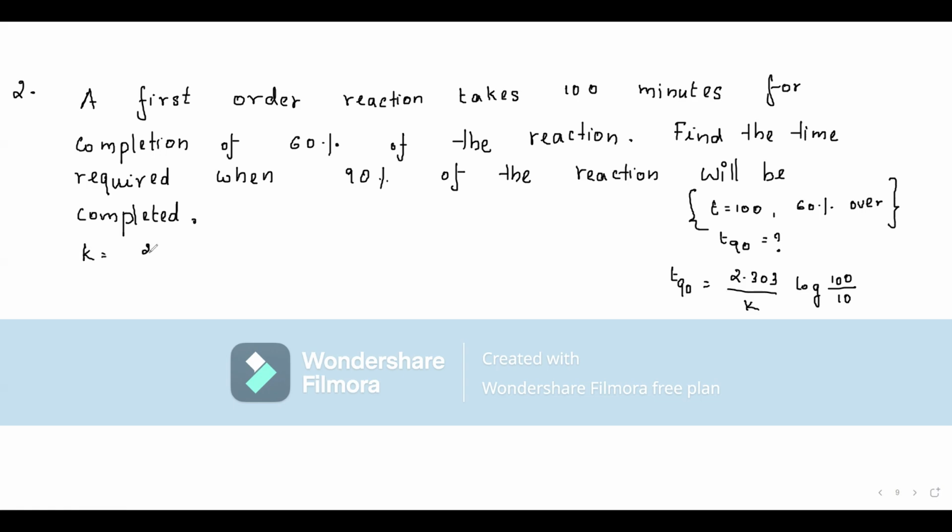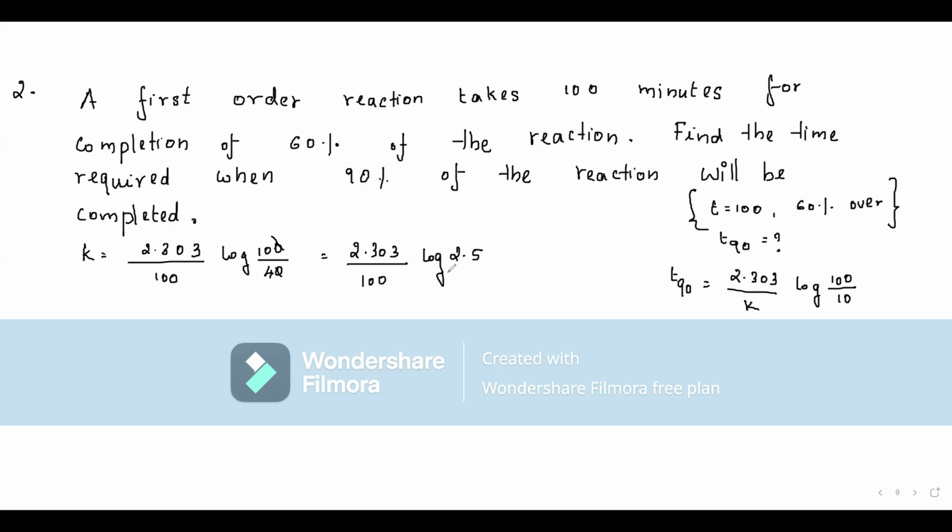K is equal to 2.303 by 100 times log 100 by 40, since 60 is over, so 40 remains. 100 by 40 is 2.5. So this is 2.303 by 100 log 2.5.